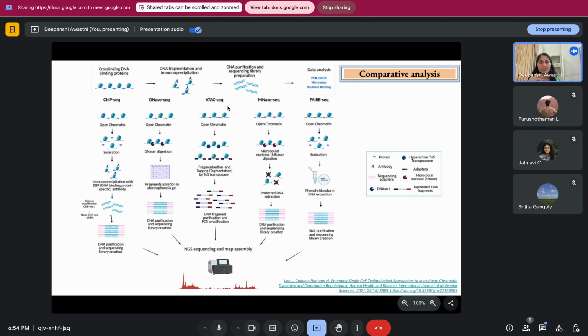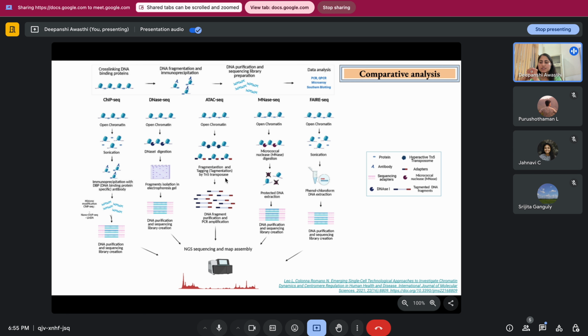In case of ATAC-Seq, as I mentioned, in DNase Seq you use DNase, whereas in ATAC-Seq you will use the Tn5 transposase. Transposases are the enzymes which are mostly used in transposition, and transposition is a phenomenon where in the genome there are some segments which can act as jumping genes, which can change their position.